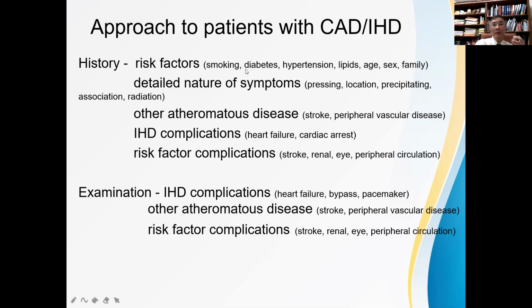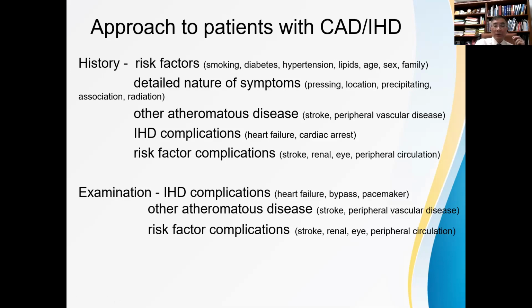Ask about smoking, whether there is diabetes, whether the patient has had hypertension before, being told that the lipids are high, look at the age, the sex, and whether the family has it. Because if the family has it, then the patient would be more at risk for getting coronary artery disease.